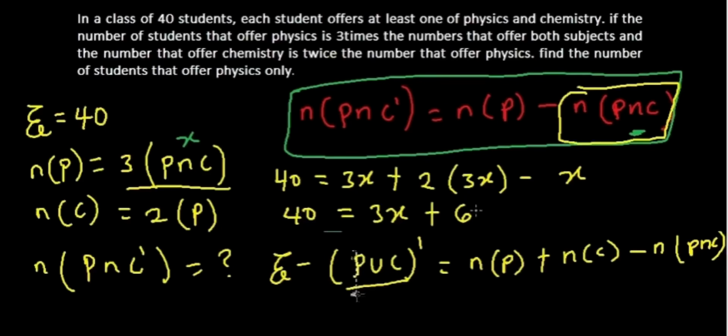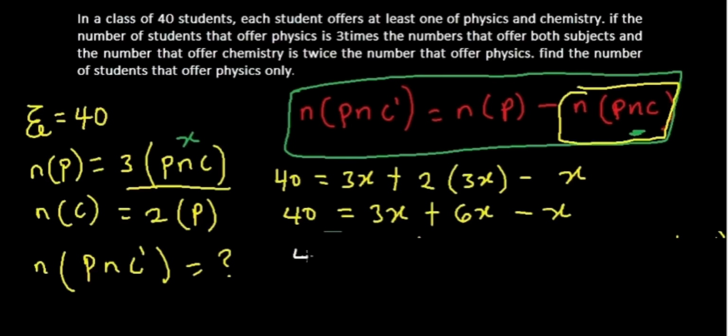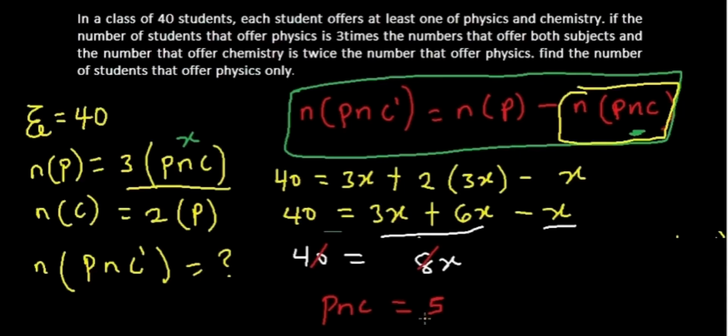To do this, I have 40 is equal to 9 minus 1, that's 8x. If I divide both sides by 8, I'm going to have 5. So x, which is also P intersection C, is 5. But that is not the final answer. We need to put it in this particular formula.